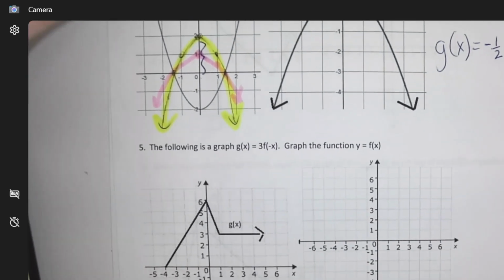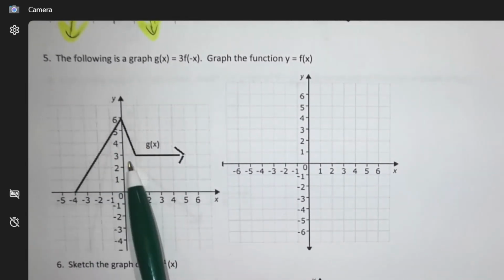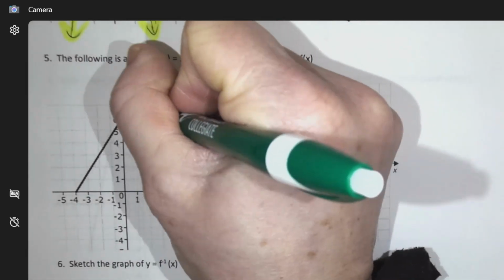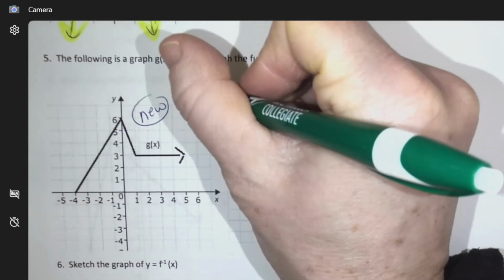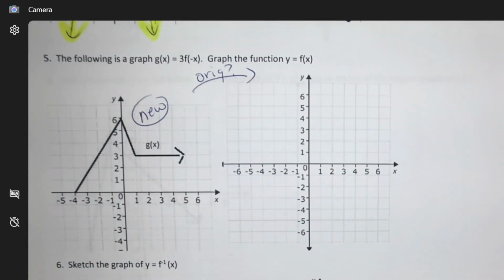Okay, number 5. So we had, this was our new graph. Oh, I have to graph the original, which is me having to go backwards. Okay, so this one's a hard one.